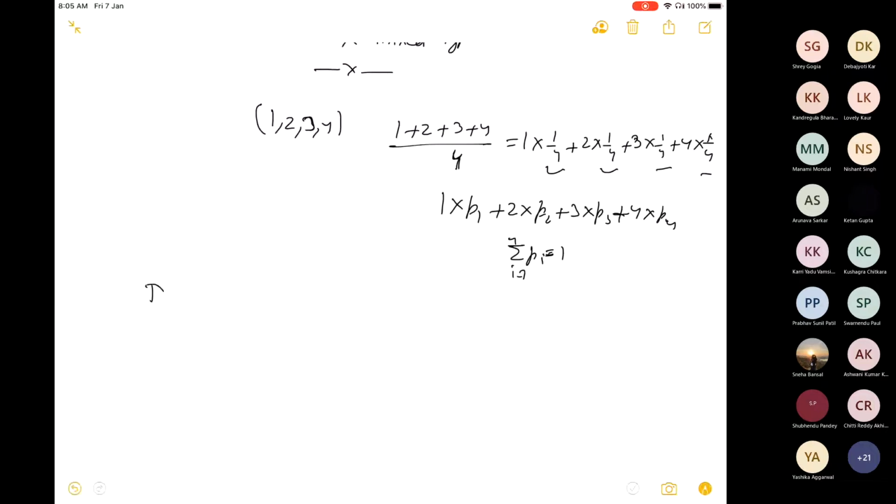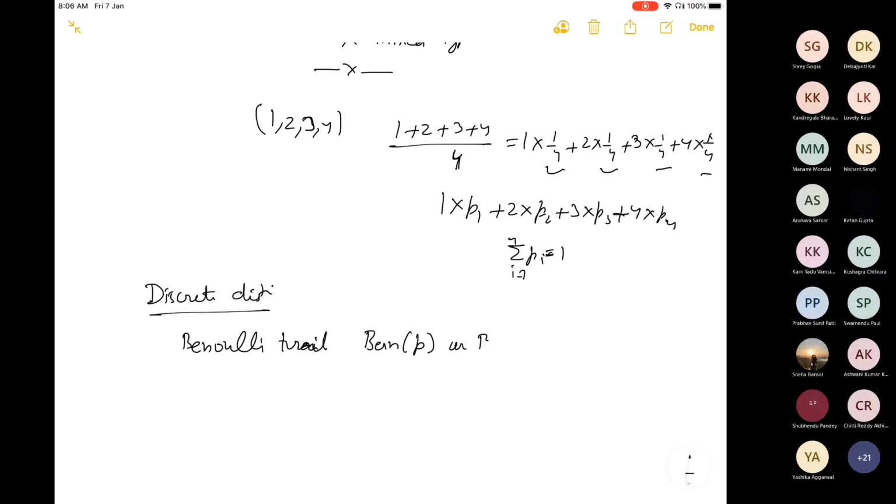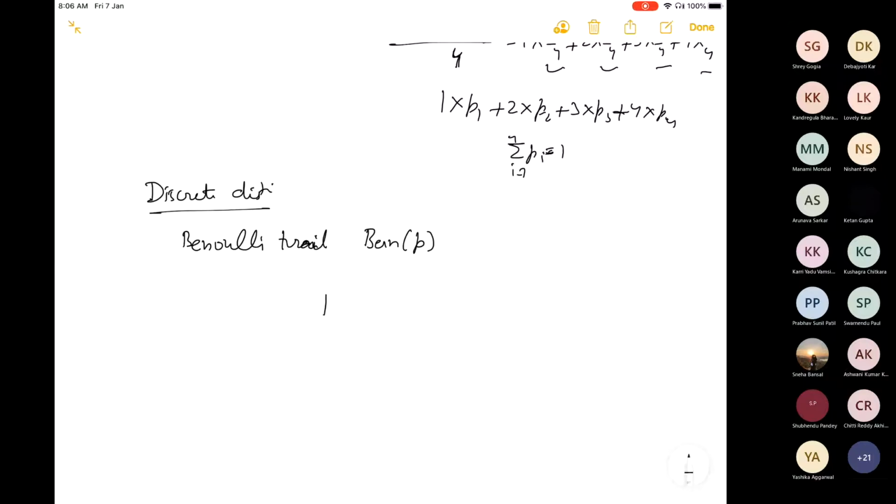So we will have discrete distributions. First of all we have the Bernoulli trial. So we have only one trial in which we have a success and a failure.